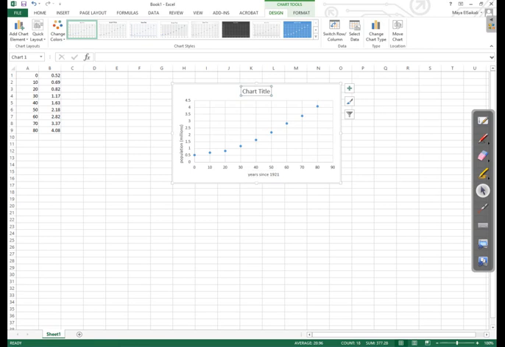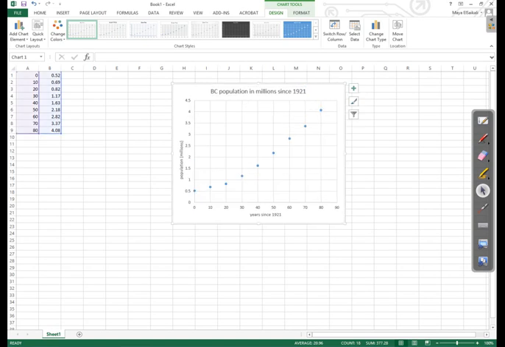And the chart title, I have to put BC population in million. Oh, I can't write. Since 1921. And this is how my graph should look like.